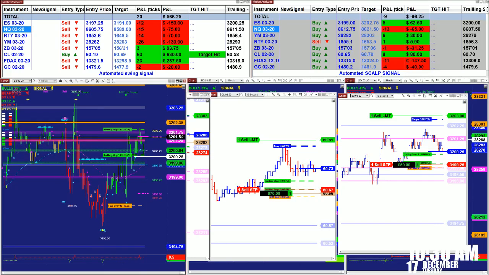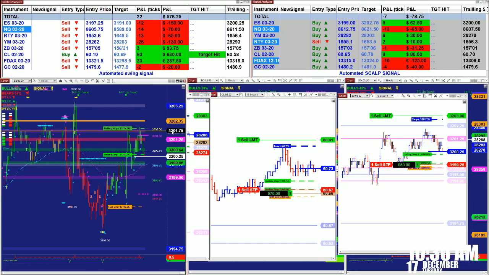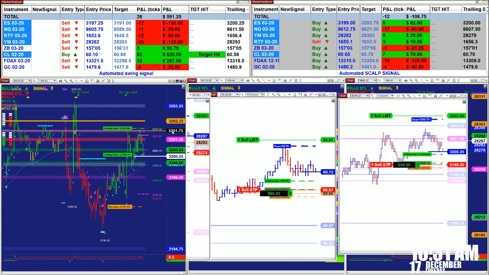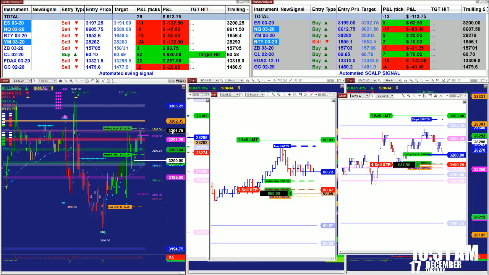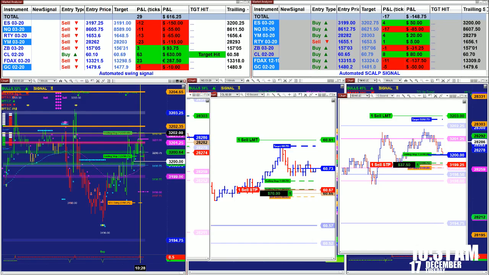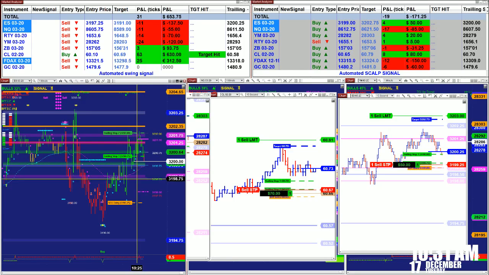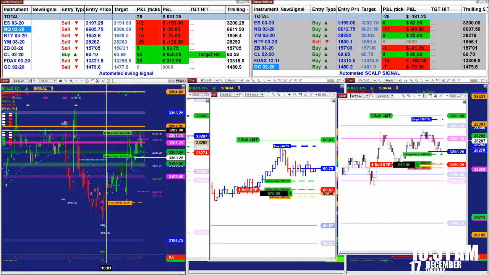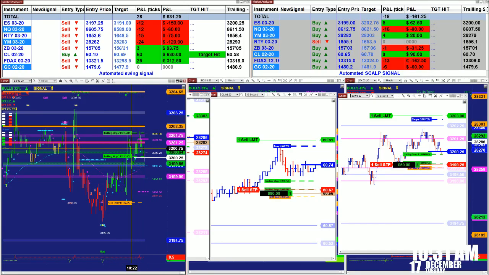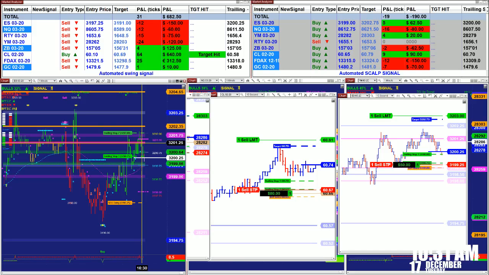So by getting up in the morning and looking at the ES in the middle of this pile of mud in here, you say, I will wait till this market breaks out above that area or breaks out below that area. But this area here is not tradable.